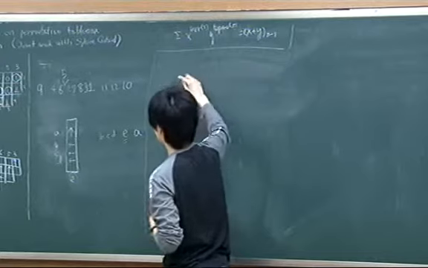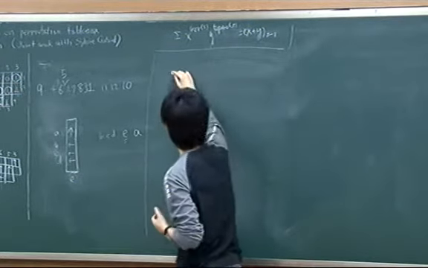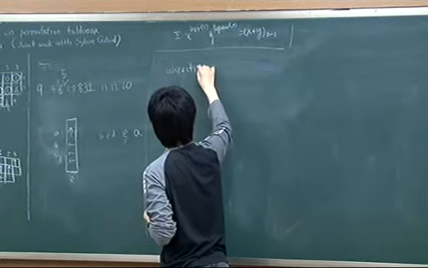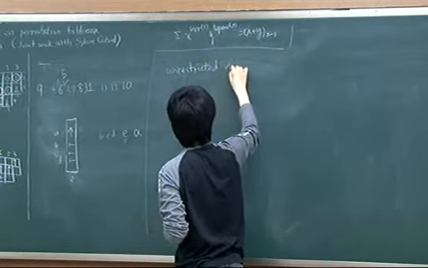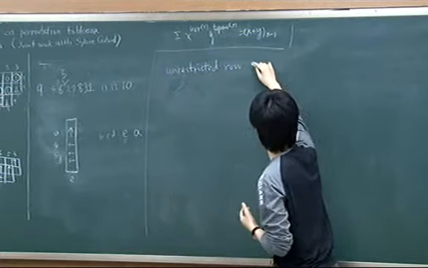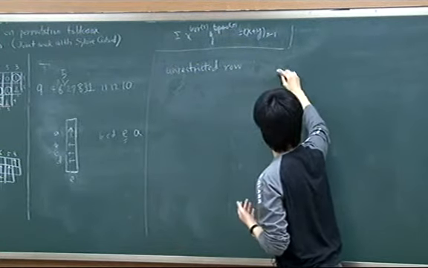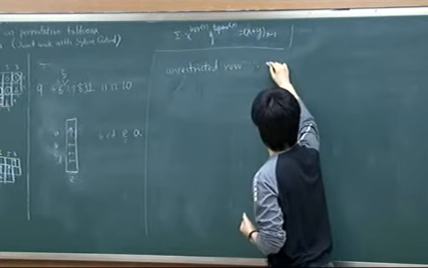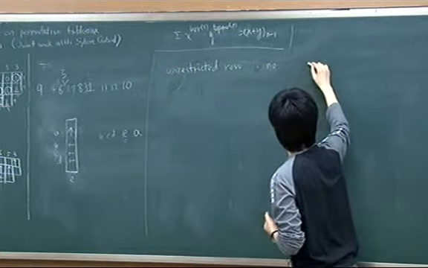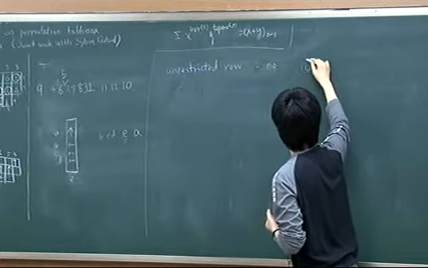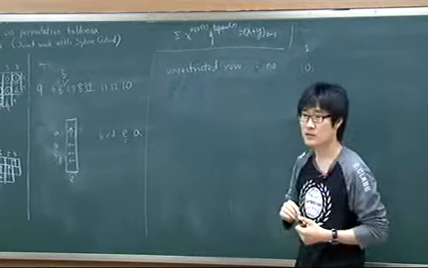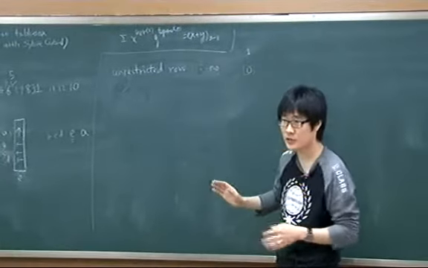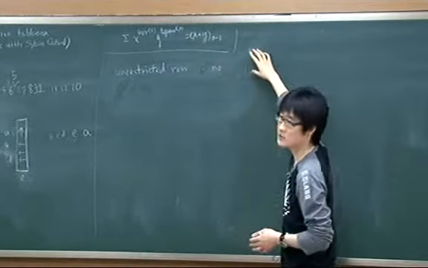So let me recall the definition of unrestricted row. An unrestricted row is a row without a 0 that has a 1 above it. So this row is unrestricted if we don't have this situation.